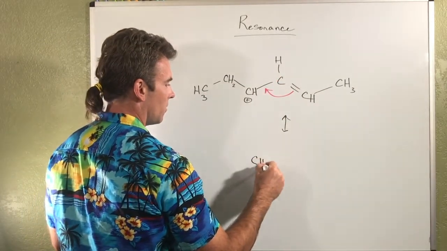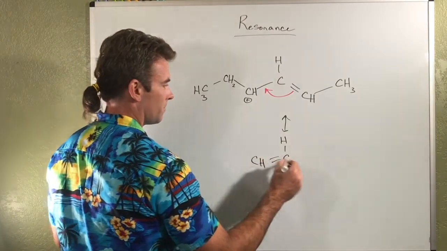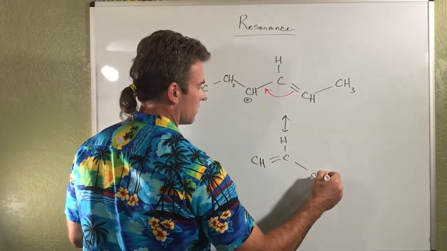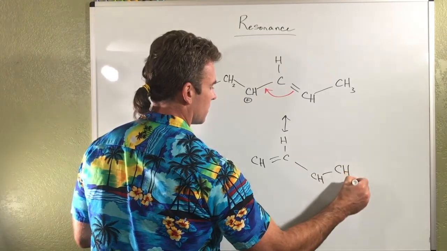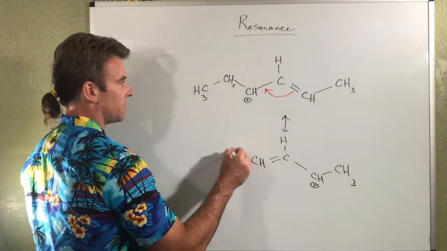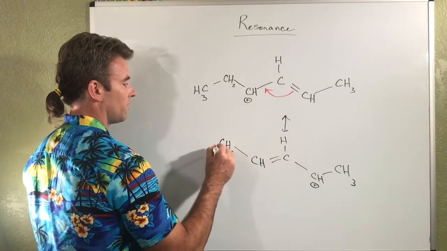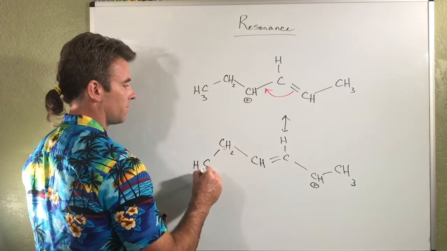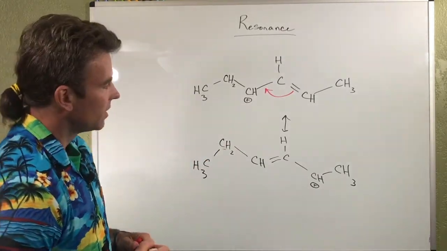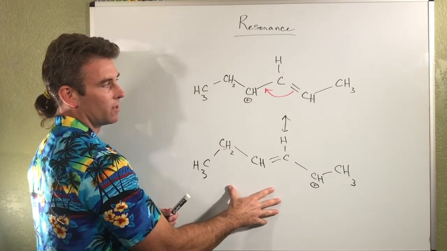And so what would result looks very similar, except that it looks like that positive charge just moved over. Right? And so these are both what's called resonance hybrids of one another.